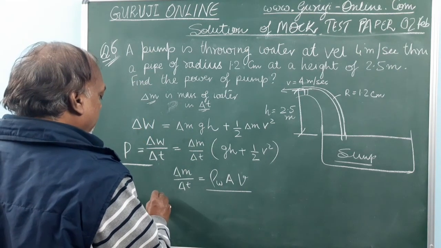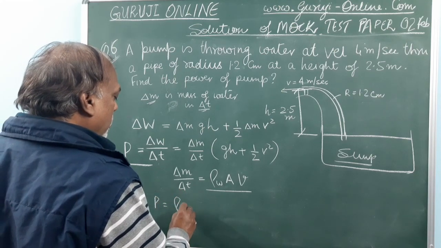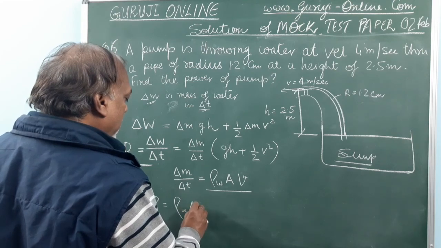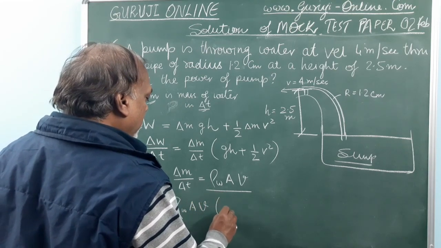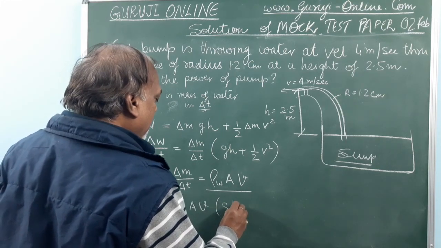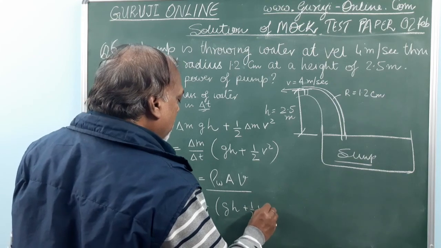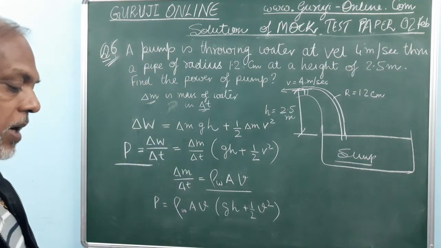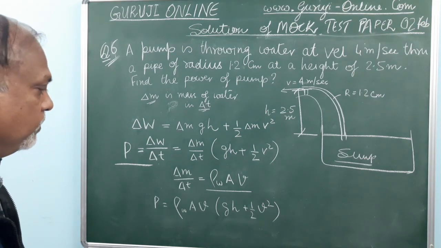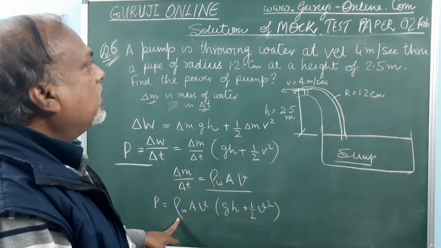So P we can write as rho A V into (gh plus half v square). Any problem? We know rho, it is water.